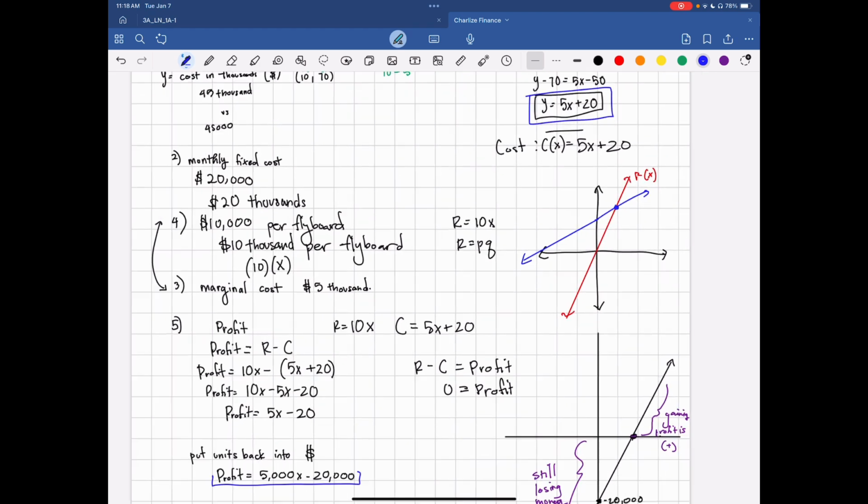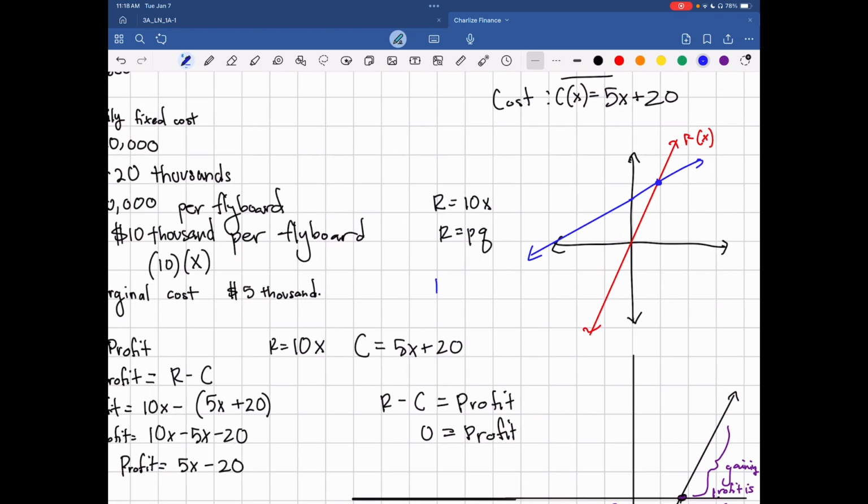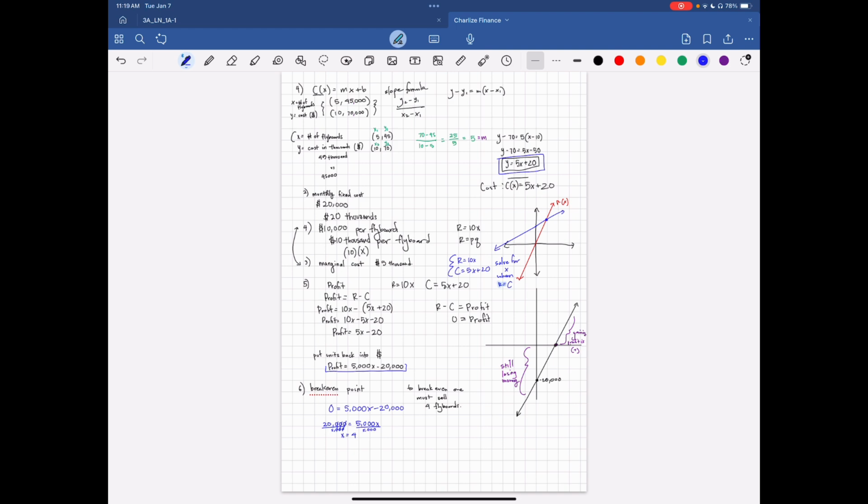That's why if you used R equals 10x and C equals 5x plus 20 and solved for x, when R equals C, you would get your break-even point.